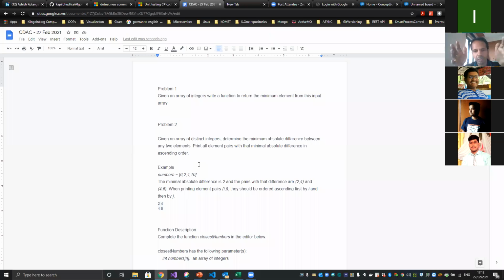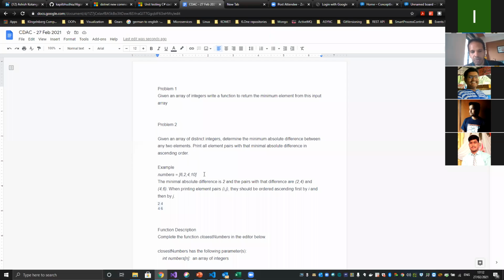I'd like everyone to read this and take a moment of pause and try to grasp what the problem is asking you to do. You are given an array of distinct integers, which means none of the elements in the array would repeat itself. It says determine the minimum absolute difference between any two elements.